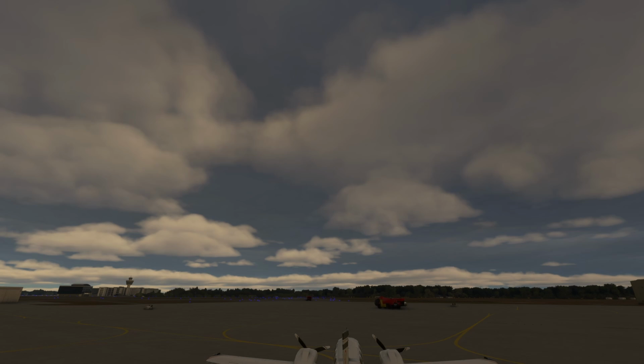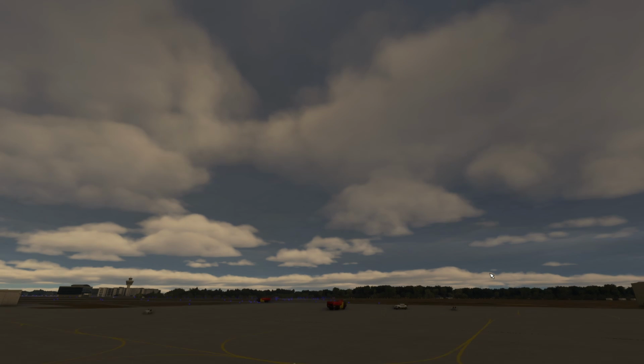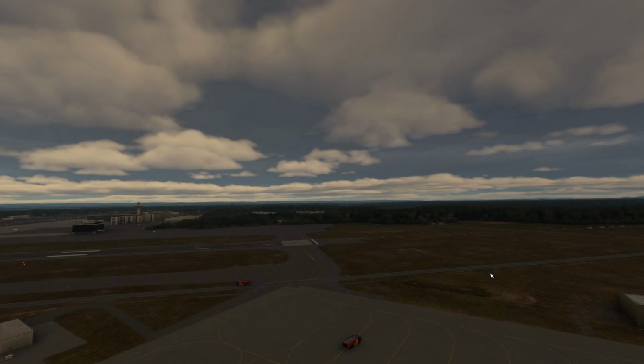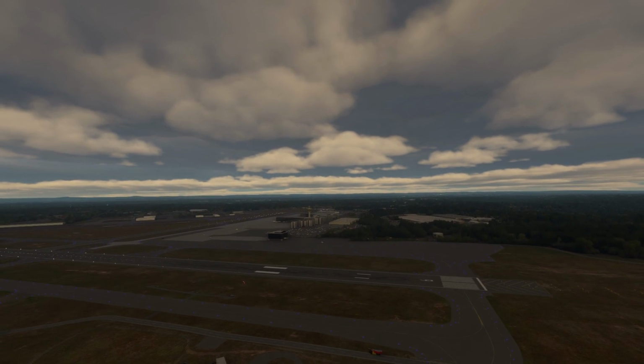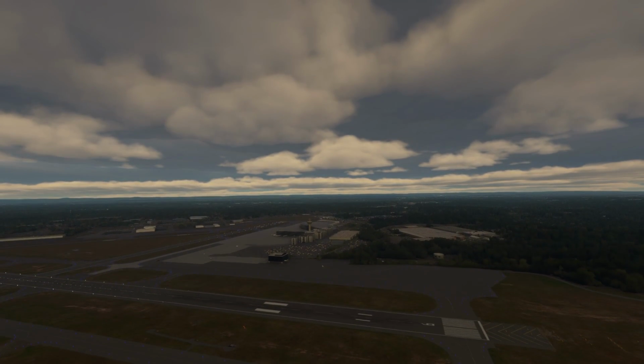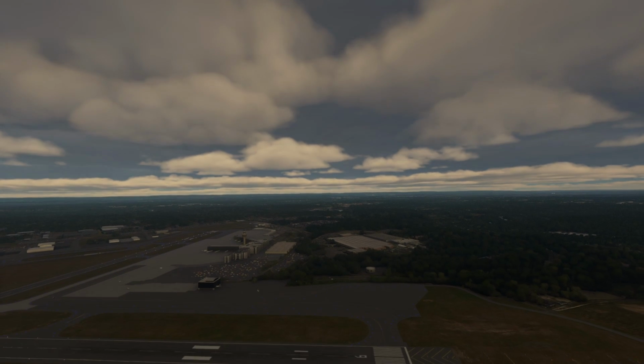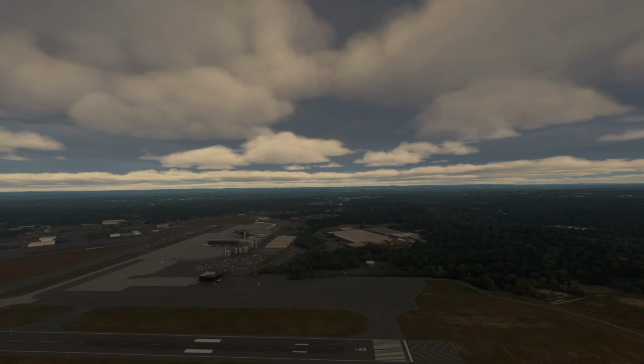All right, so here's another really good example of what we were talking about earlier, the differences between Microsoft Flight Simulator and ActiveSky. This is what I was trying to show you guys earlier. We would probably call this more high scattered, maybe high broken, maybe sort of in between, right? But think about what we were seeing in Microsoft Flight Simulator versus what we were seeing here.